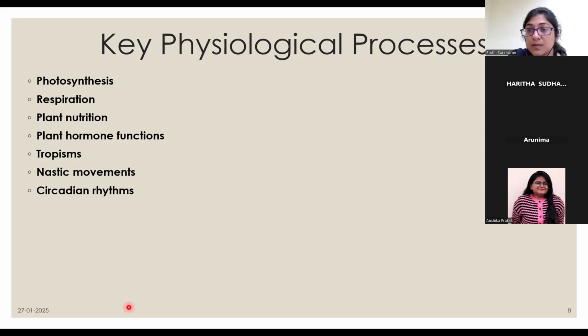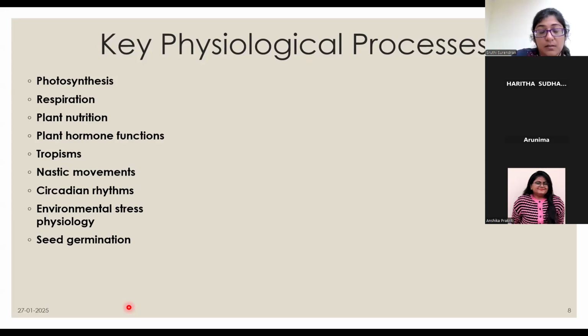Circadian rhythms are the ones which give the plant an idea about what time of the day it is. Then there are physiological processes that define the stress conditions experienced by plants, germination, the inactive state of plants, stomata function, and transpiration.